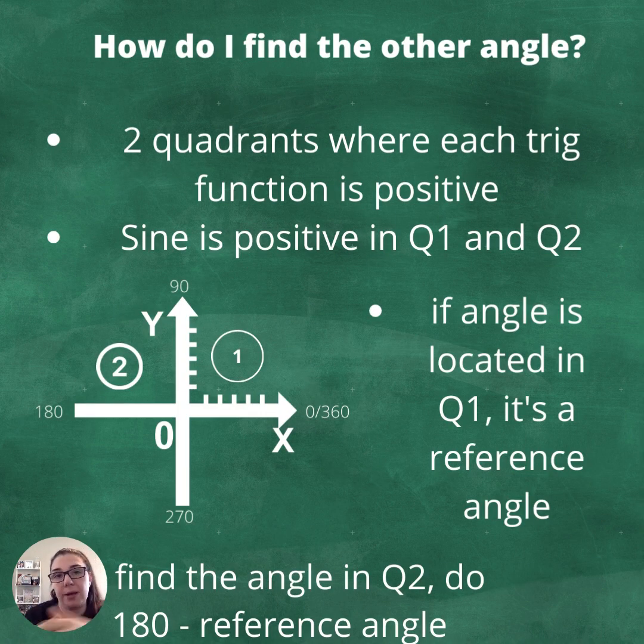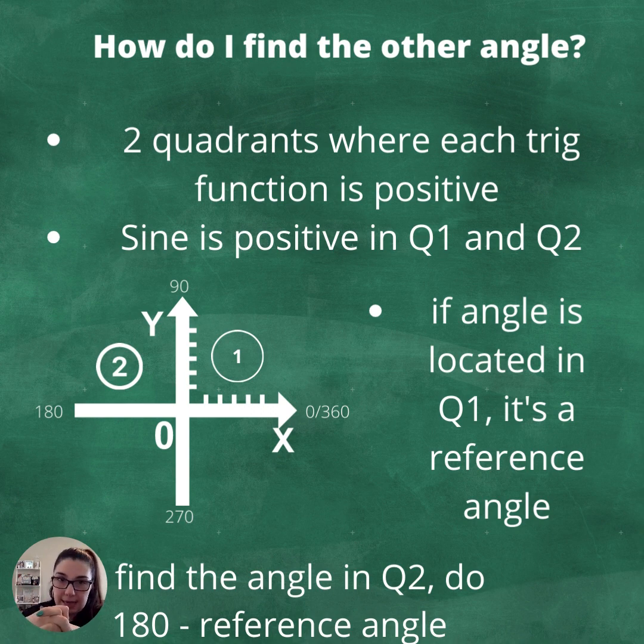And here's the reason why. In trig, if you think about the XY graph, the Cartesian plane, there are two places where each trig function is positive and each trig function is negative. For sine, that would be the first quadrant and the second quadrant.